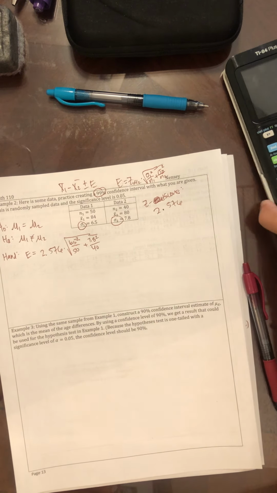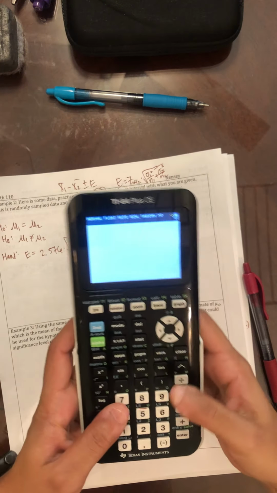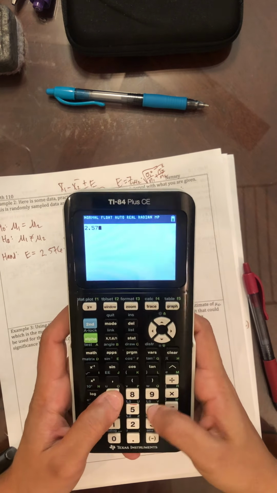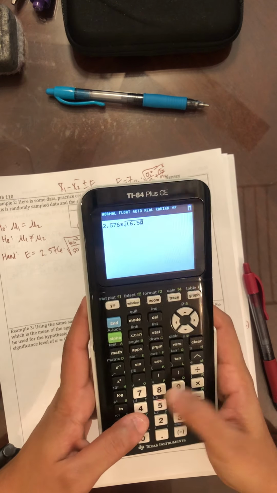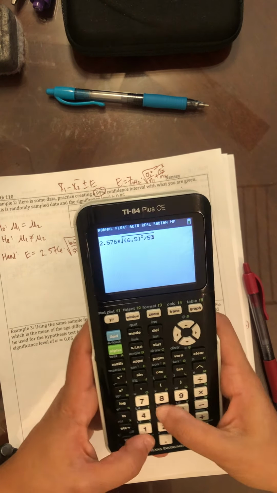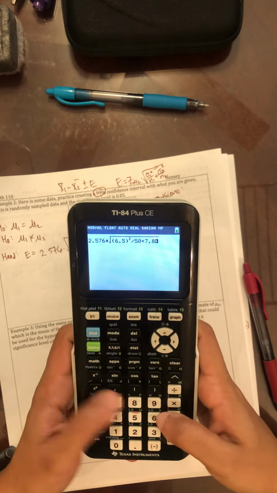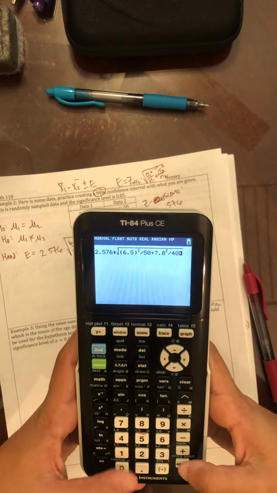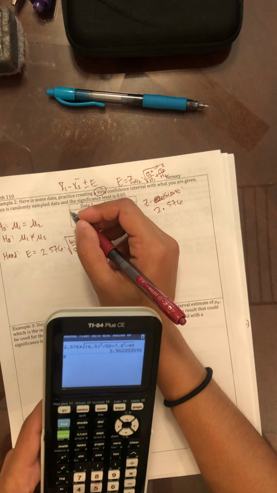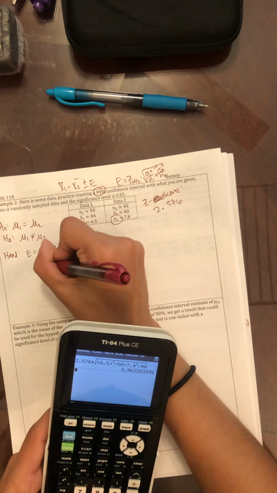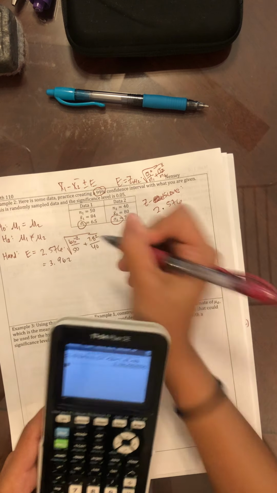So let's calculate that real quick. I'm going to clear this out, do 2.576 times the square root of, parentheses, 6.5 squared divided by 50 plus 7.8 squared divided by 40. And I'm going to round this to 3 decimal places. So I get 3.962.